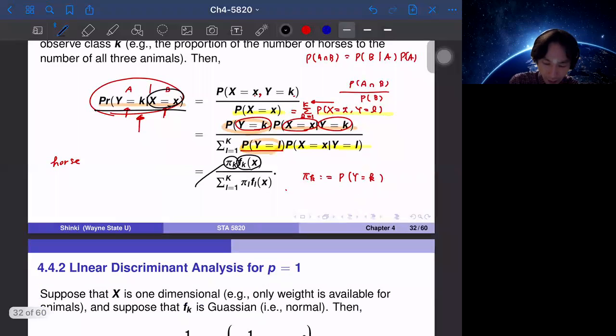So we need this information, the unconditional probability pi k, and the probability of x given y equal to k. If we have this information for all animals, then we can calculate the probability of y, the species, equal to k given x. X is a measurement such as weight and height.